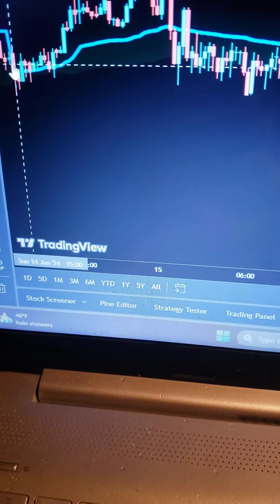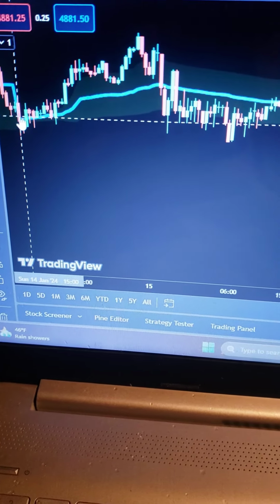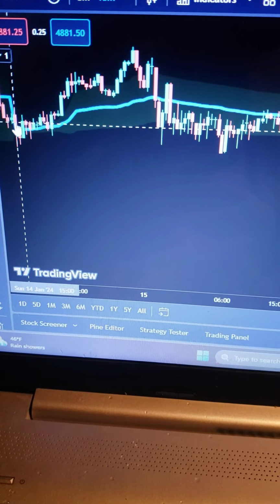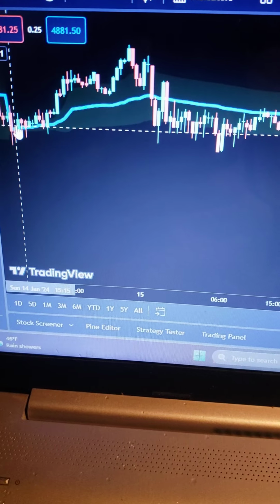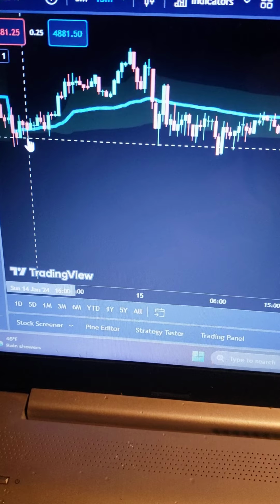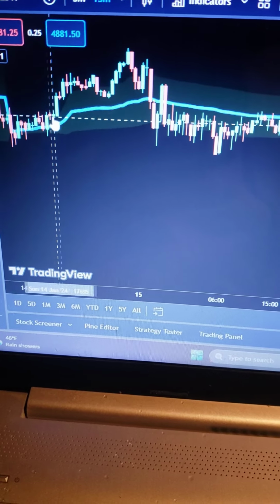Let's say that right here is whenever the London session opened. If this is the 15-minute candle of the opening, we can sit there and think, okay, we're pretty much sideways right here with all these candles in the bottom of this one. We don't break under it, and we don't break above it until here.